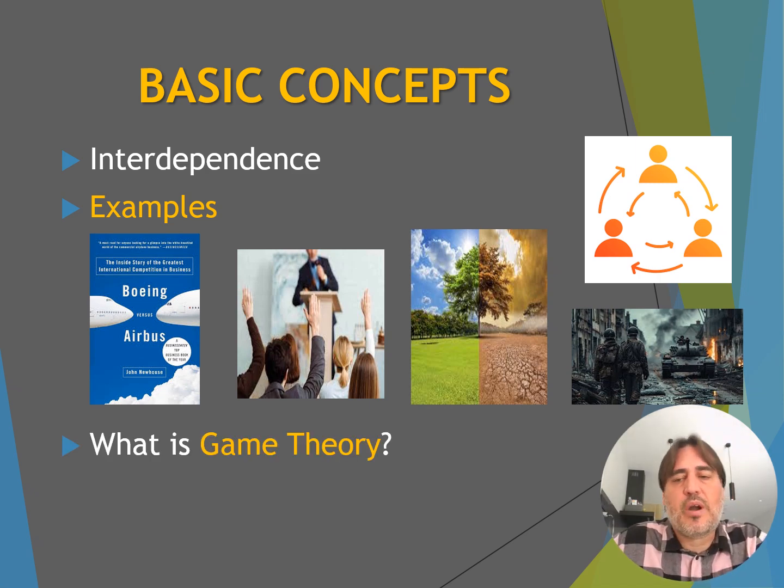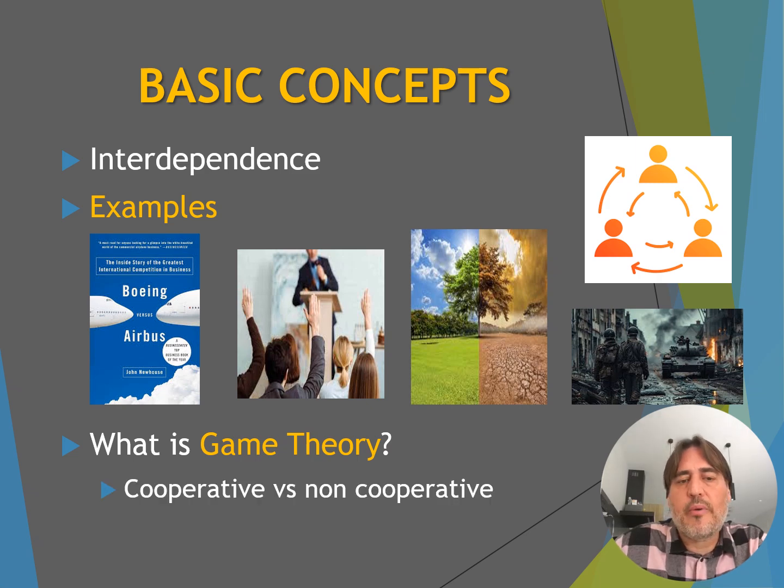For sure, there are other examples like games such as chess and many board games where winning depends on what each player does. Once we have defined what a game is, we will go deeper into the definition of game theory. We should first mention that it's divided partly into two branches: cooperative versus non-cooperative.